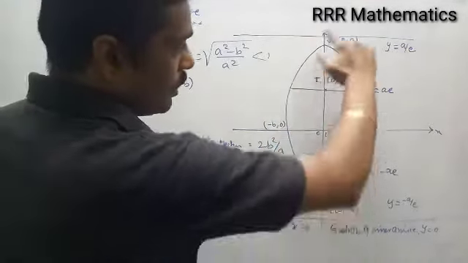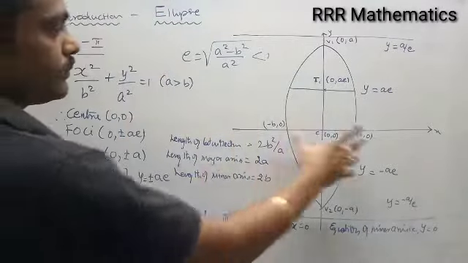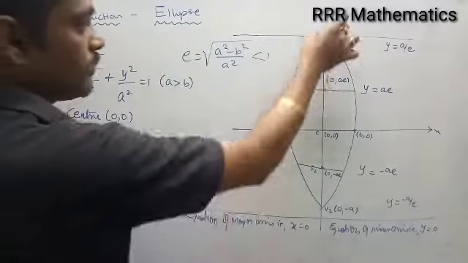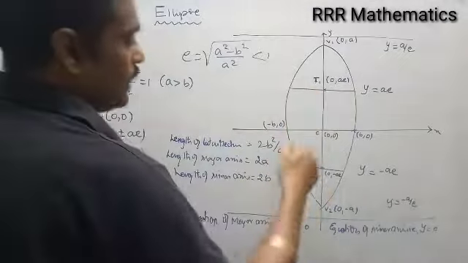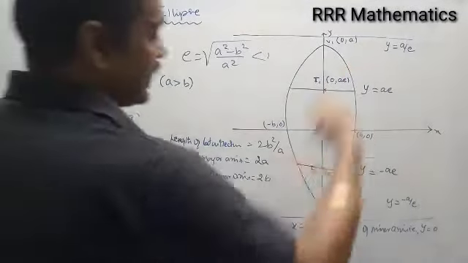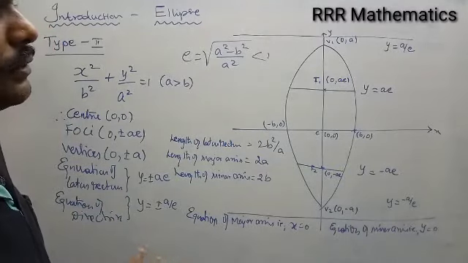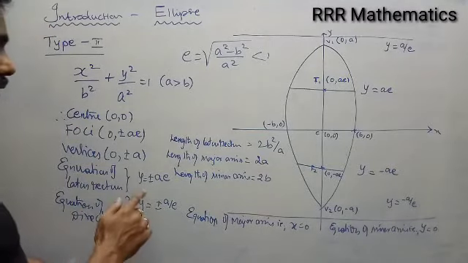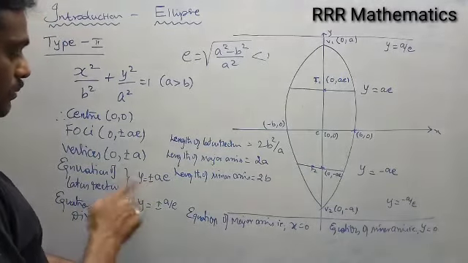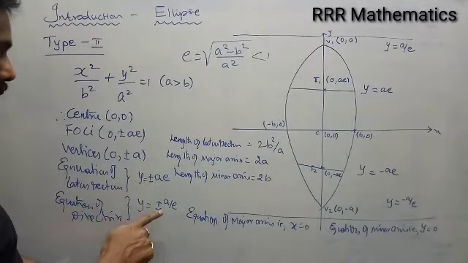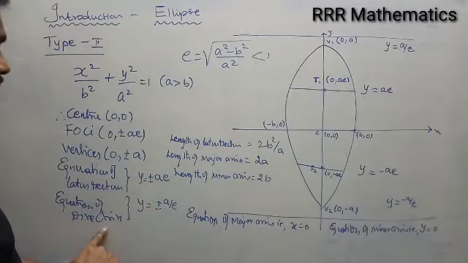So you wanted to draw like this: center, foci, vertices, latus rectum, directrix appear here. Okay, everything parallel to x axis, that's why y equal to constant, plus or minus AE for latus rectum, plus or minus A by E for directrix.